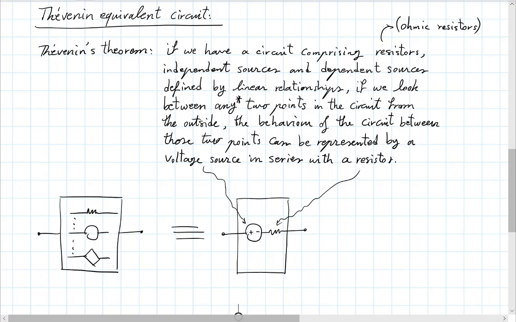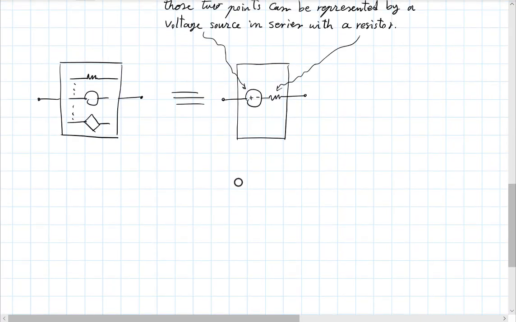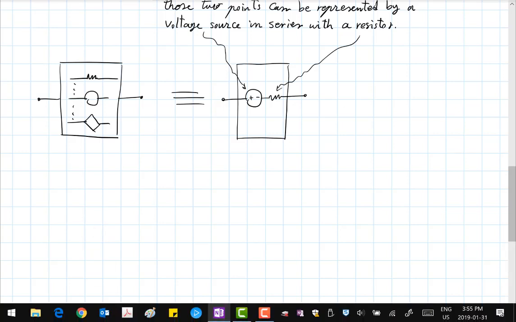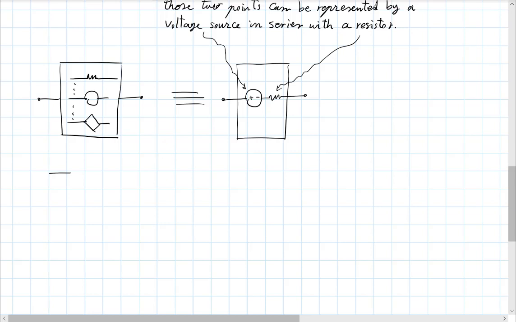And in fact, you'll see it mostly drawn like this, a Thevenin equivalent circuit. It's more common maybe to see it on the left-hand side, like this. It's exactly the same thing. I'll just put it like this.